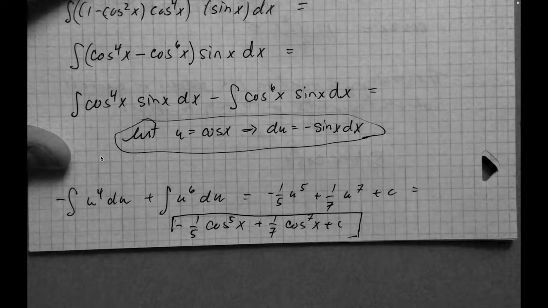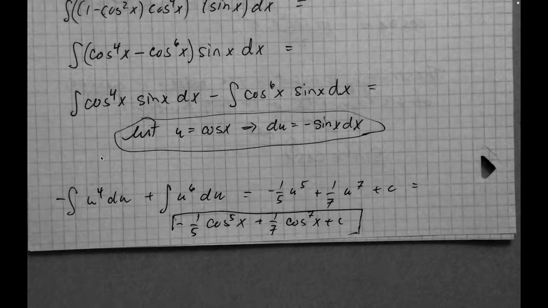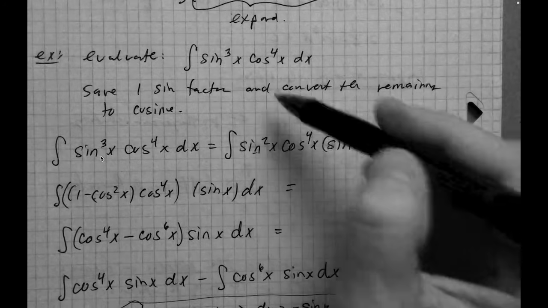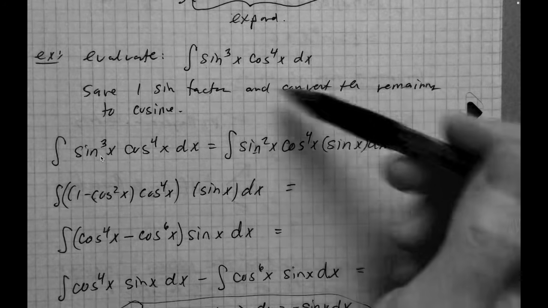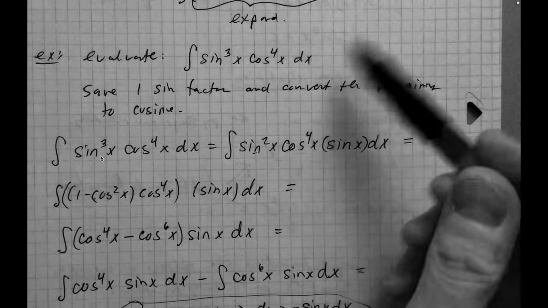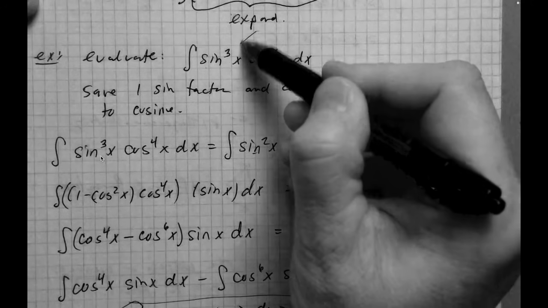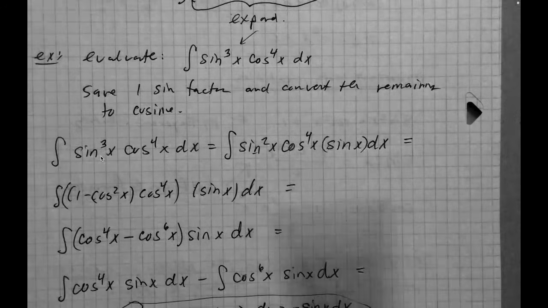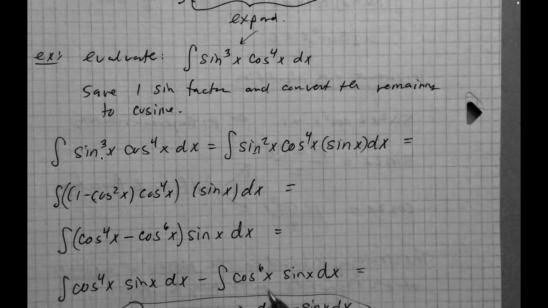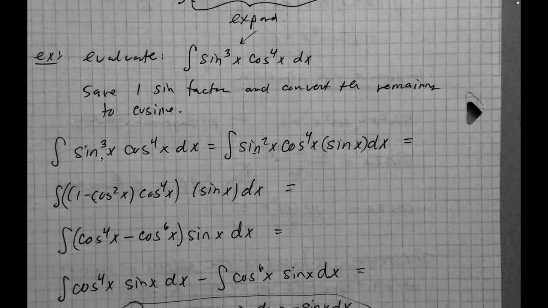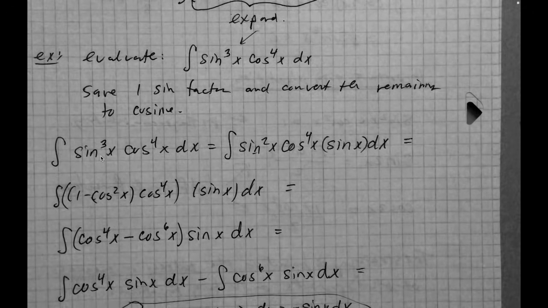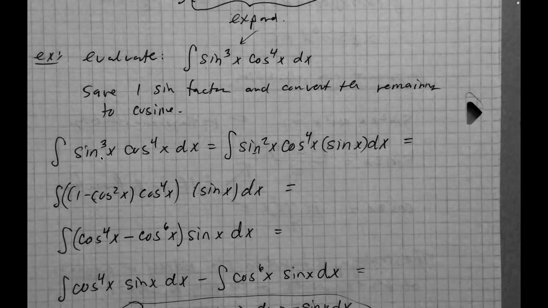Okay, so there you have it. So convenient. When we start up here, it just looks like, oh man, I've got sine raised to the 3rd power, cosine raised to the 4th power. But if you just remember that the goal here is to convert all of them to one of the trig functions, and then keep one of the other in reserve for your dx, your du.